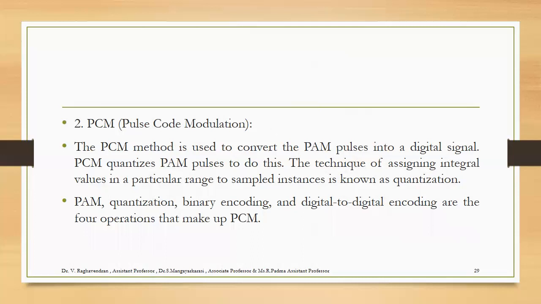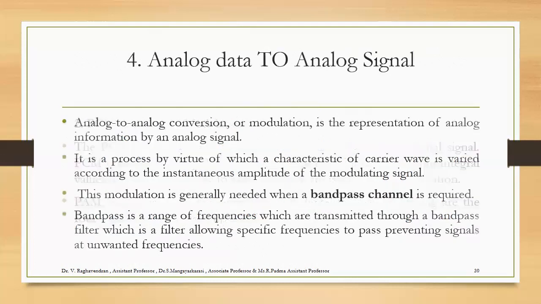This process is known as quantization. So sampling, quantization, binary encoding and digital to digital encoding, these are the 4 different operations that make up pulse code modulation. These are the 4 operations performed in PCM, pulse code modulation.